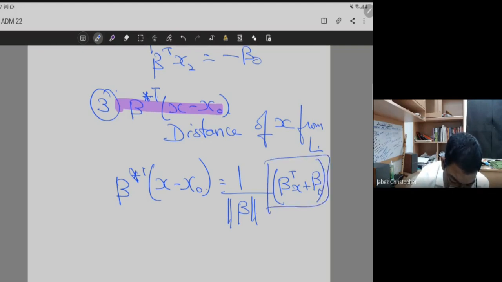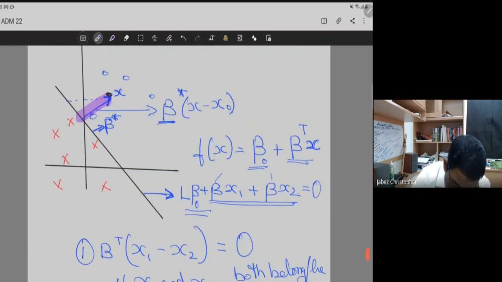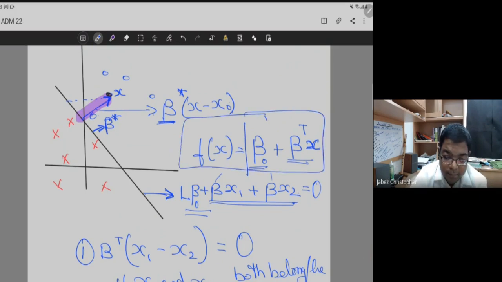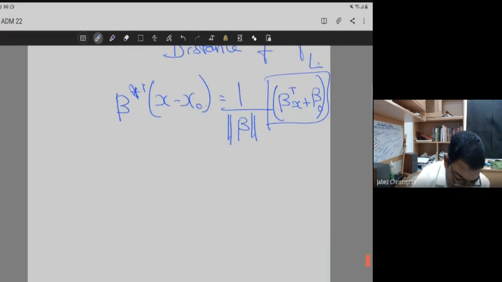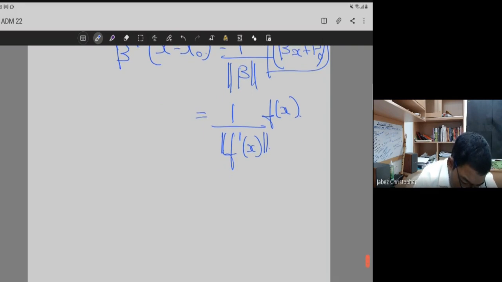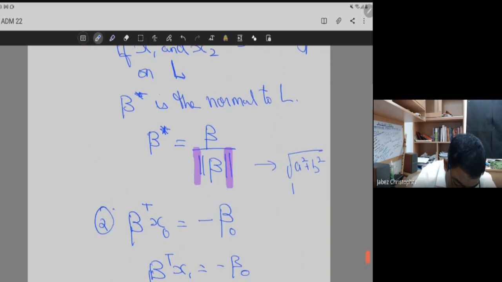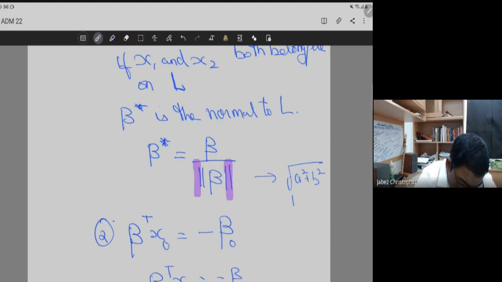And what is this? Okay, I can simplify this as, we know theta star is, this is from 1, right?